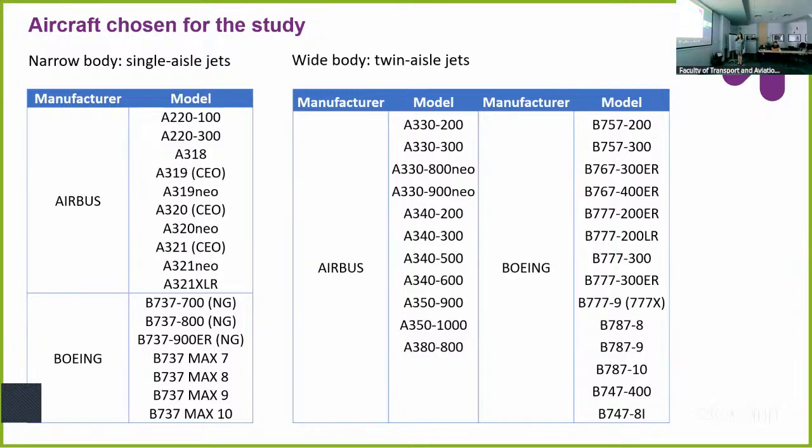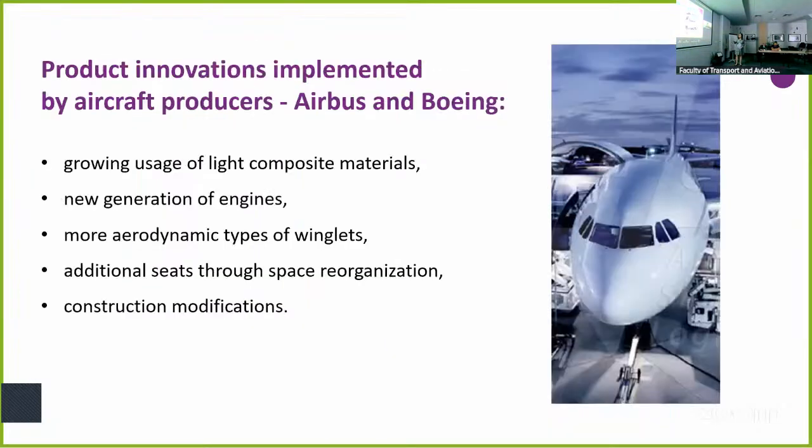And wide body, so-called twin aisle jets, of Airbus from A330 to A380, and of course Boeing from Boeing 757 to even Boeing 747, up to the Dreamliner, and also the newest. Of course, all the aircraft chosen for the study are still in operation with airlines worldwide. So still in the air.